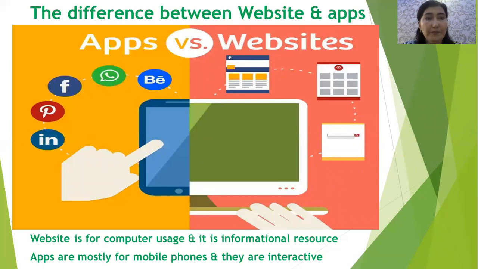What is a website and what are apps? A website is created for computer use, and it's an informational resource. Applications are mostly created for mobile phones, and they are interactive.